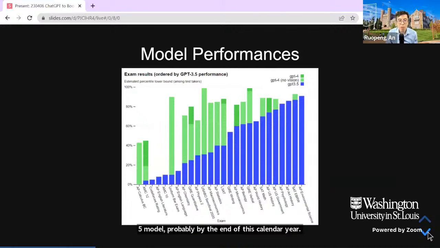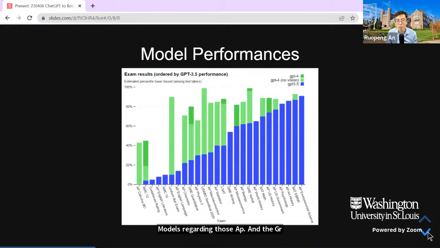So this graph shows the exam results achieved by the GPT 3.5 model versus the GPT-4 model. There are two versions of the GPT-4 model, with and without computer vision capacity. Now, as you can see, those are the test results achieved by GPT models regarding those AP and GRE tests.